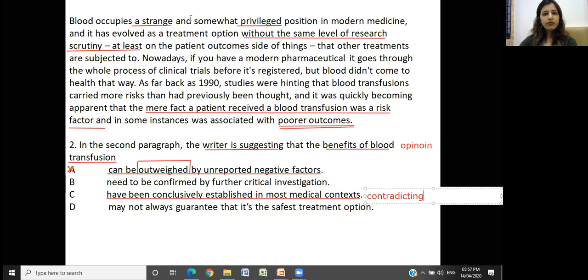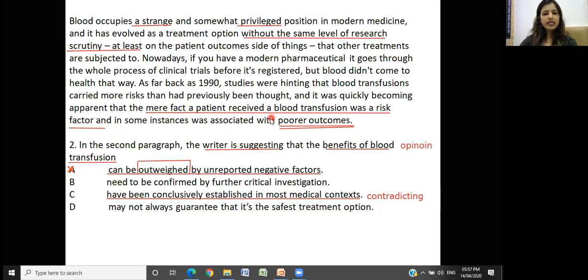Now the paragraph is saying mainly that if you compare the blood transfusion with any other form of current treatments, then there hasn't been enough research on blood transfusion. And here also, while citing the example of the study, the writer is trying to say that it was hinting that they carry more risk than had been previously thought.